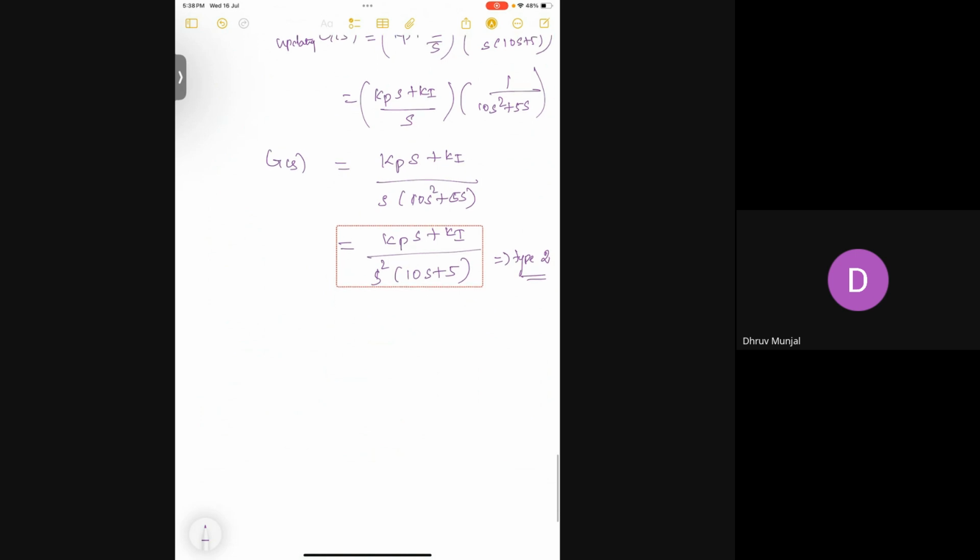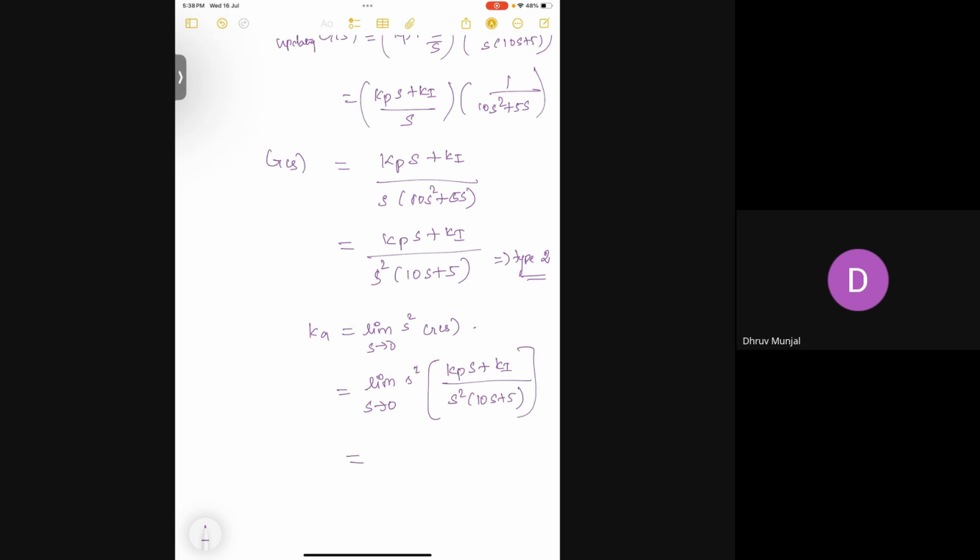So according to that equation, we know the acceleration error constant Ka equal to limit S tends to 0, S square G of S, right? So this is the equation. Let me put the updated G of S here: S square into (Kp S plus Ki) by S square into 10S plus 5.